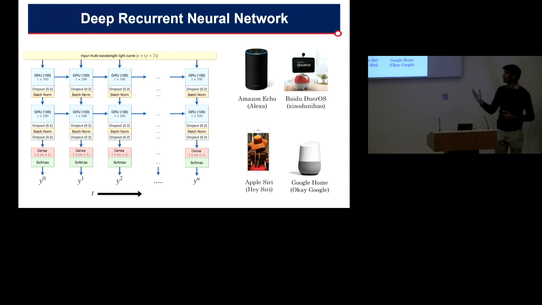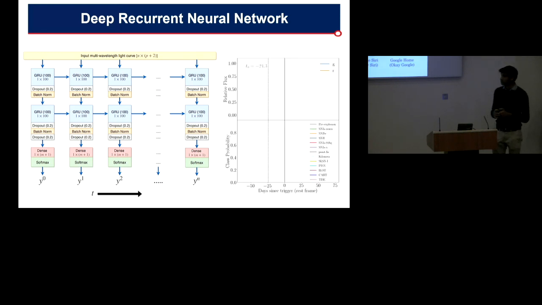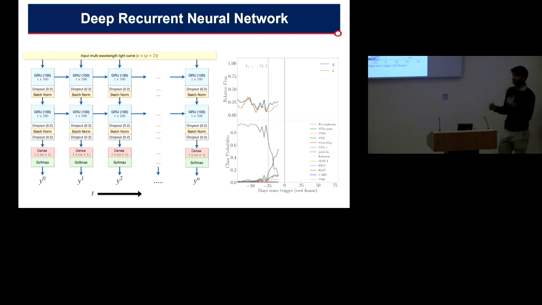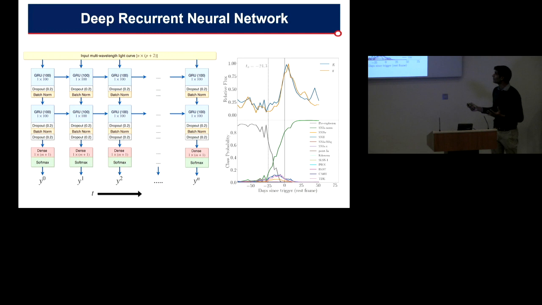When someone says hi Alexa, you've got nothing, nothing, nothing, someone says hi Alexa, and you get this rise in magnitude in different frequencies of sound, right? That's very, very similar to a supernova, where you have nothing, nothing, nothing, supernova explodes in multiple passbands of light, right? And so we can use the architecture that's used in these Amazon Echo and trigger word detection algorithms for supernovae. And I think that's a very exciting opportunity.